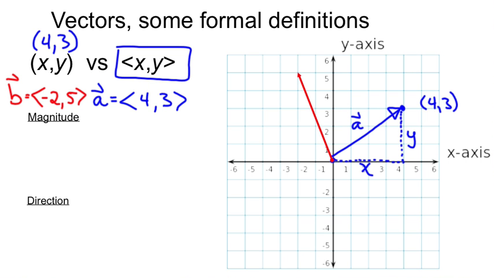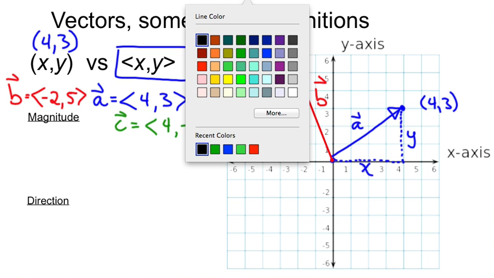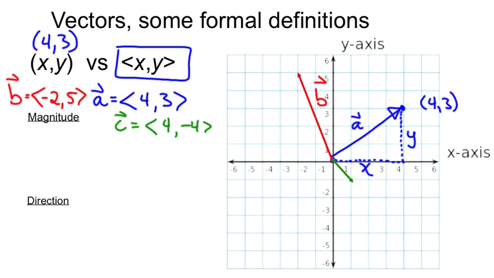And there I've got a vector B. Or if I want to get silly and make one more vector, I can have a vector C, which is, let's say, the vector <4, -4>. That means the x component of this vector is 4, and the y component is -4. So it would be this vector here going to (4, -4), and we have called this vector C. All right.